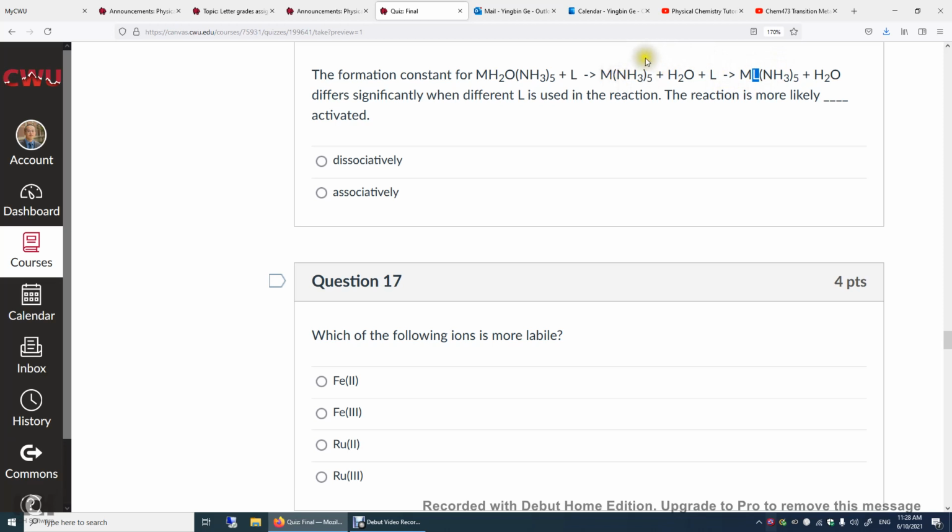L entering into this is important, and this is associative. So over here, M is bonded to 5 ligands. Here, M is bonded to 6 ligands. This is associatively activated. The second step is the rate limiting step. That involves this L entering this complex, so it's associatively activated.